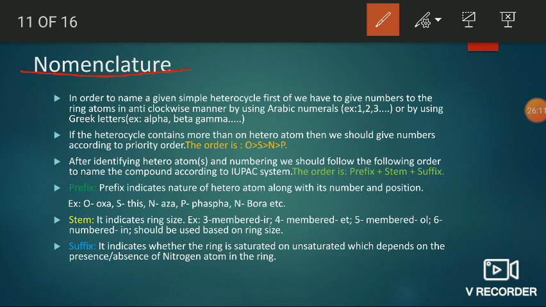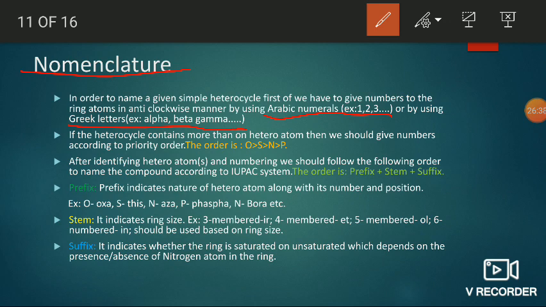Generally, the numbering follows anti-clockwise direction. In many cases of heterocyclic compounds, we should give numbers to the heterocycle in anti-clockwise manner according to Arabic numerals or according to Greek letters such as alpha, beta, or delta, any one.